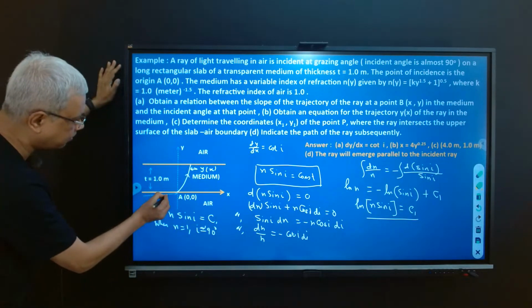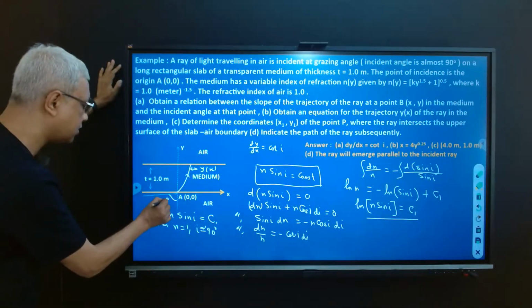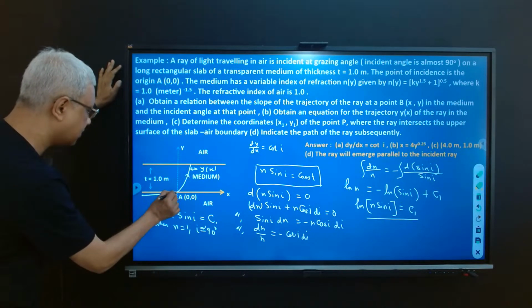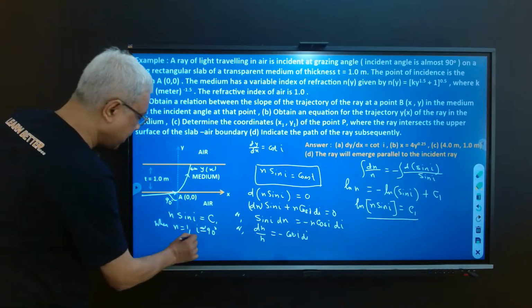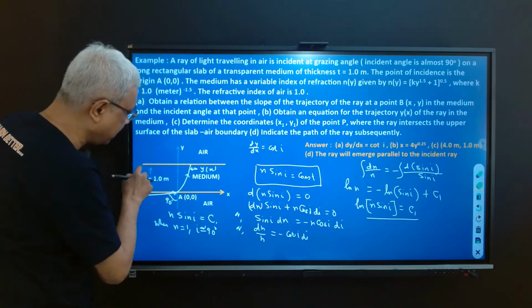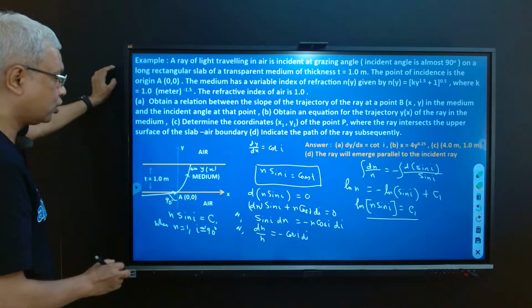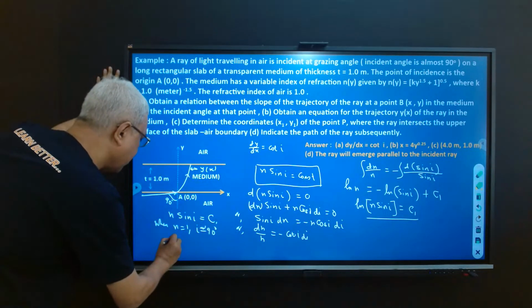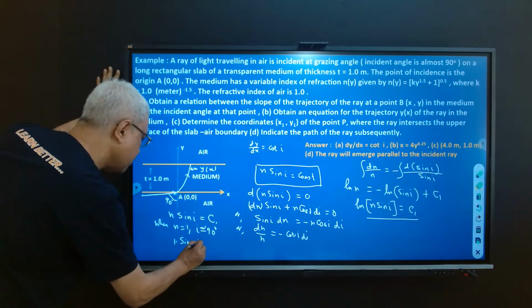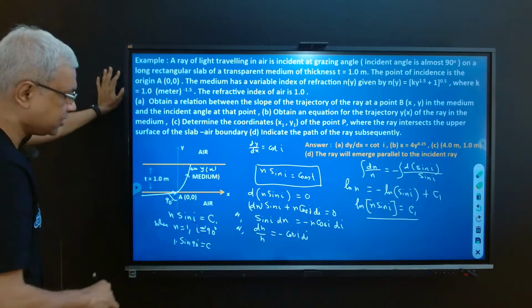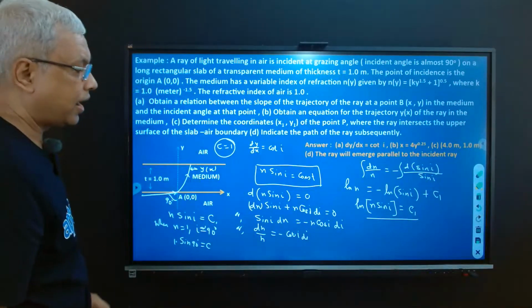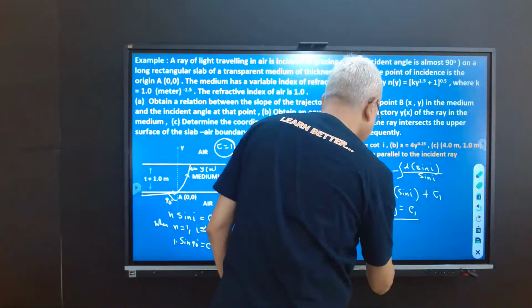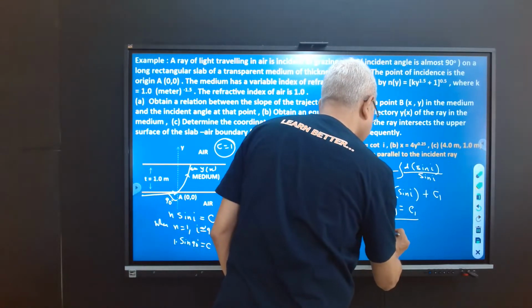This is the given condition, because the ray is incident at the bottom of the slab at grazing angle almost. So at this point the value of n is unity. So I can write 1 sin 90 equal to C. Sin 90 is 1, so I can take C equal to 1. So I simply write n sin I is equal to 1.